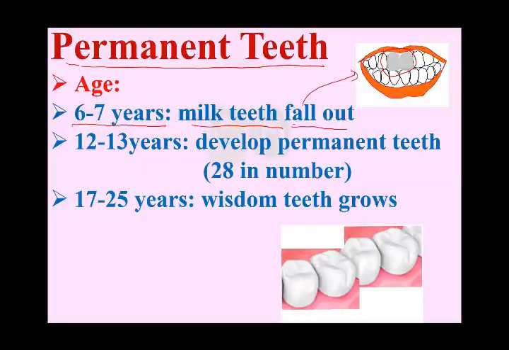At this age, permanent teeth start growing in. Till the age of 12 to 13 years, all the milk teeth fall out and a full set of permanent teeth develops, which is also known as adult teeth.